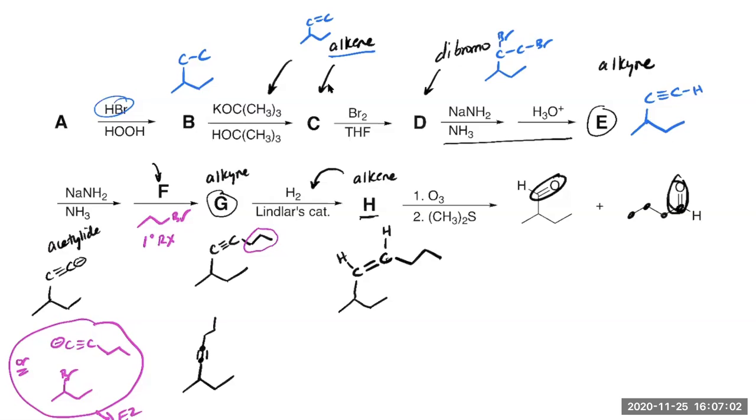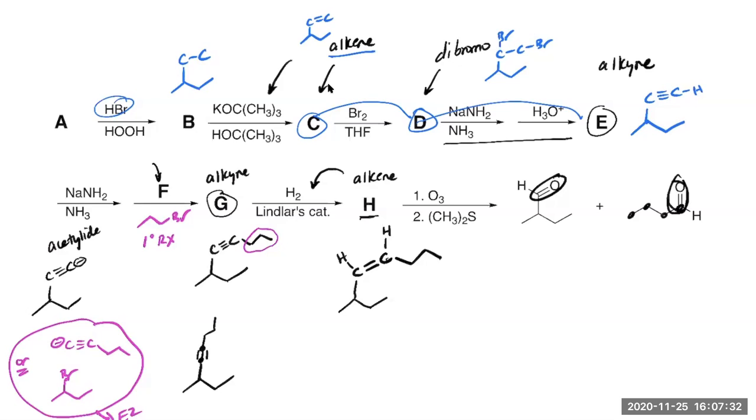Here's a question. Why did the triple bond turn into a single bond and then back to a double? Oh, where are we looking? Probably because I wrote it wrong. Let's see. So C is a double bond, and then D is a single, and then E is a triple. Right. So what we're doing in this whole series of C to D to E is making a triple bond.